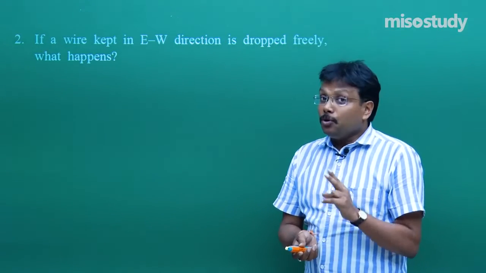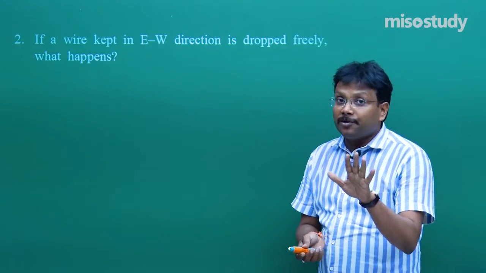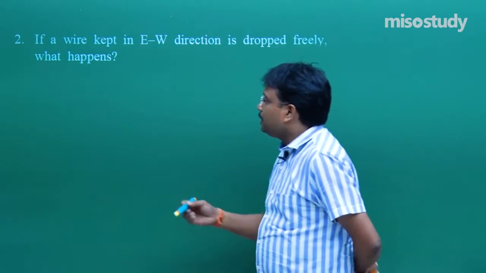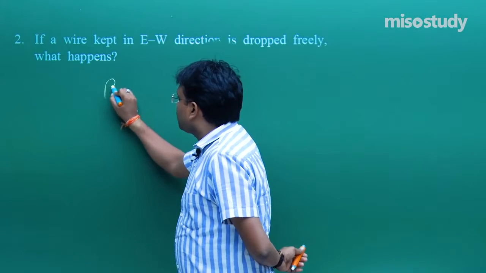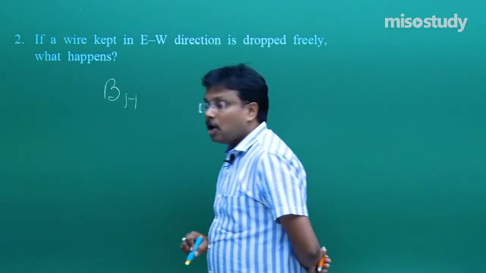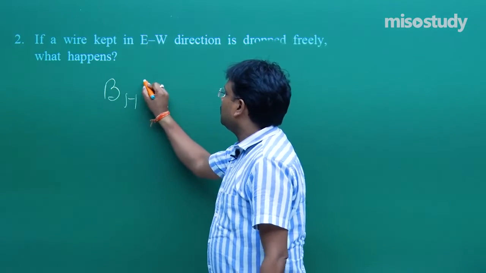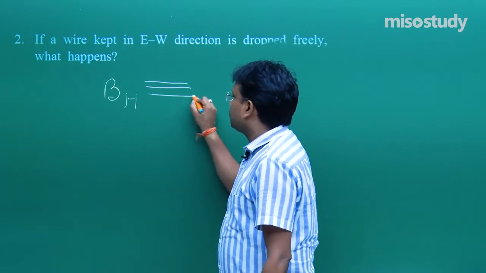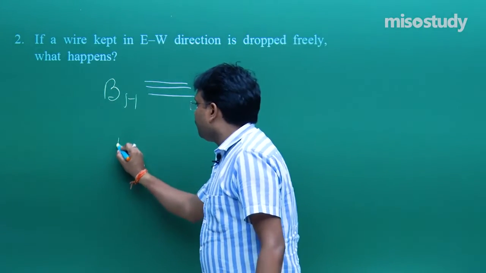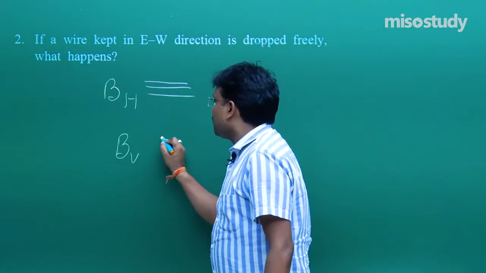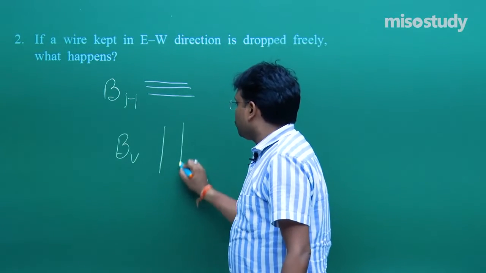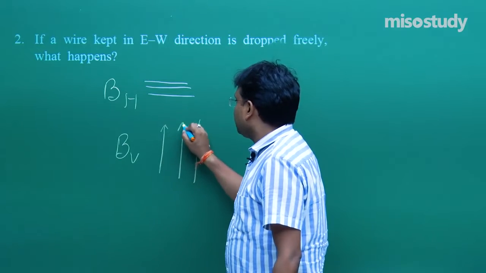Fine. So you know, there are 2 components of the Earth's magnetic field. One is BH, horizontal component, that is like in this direction horizontally, and another is BV, that is vertical component. So the direction of vertical component is like this.